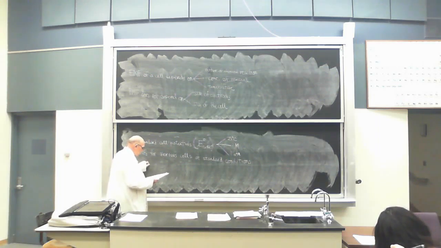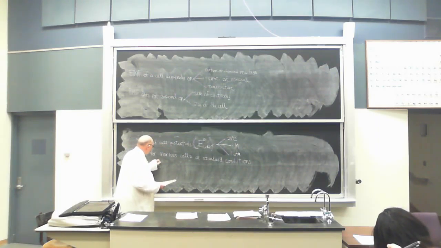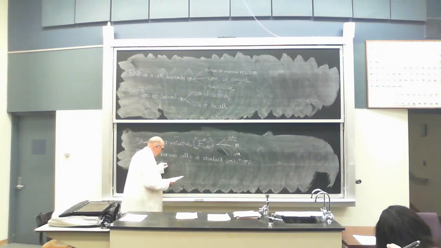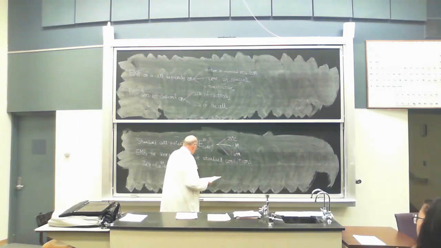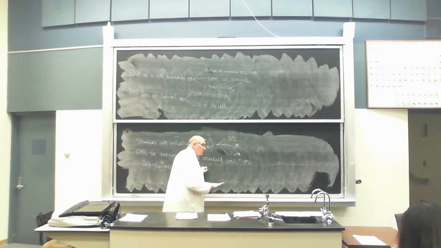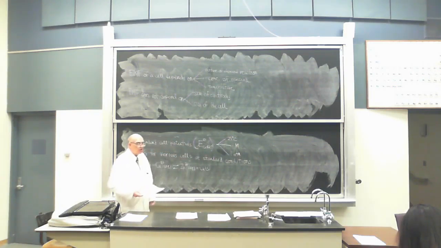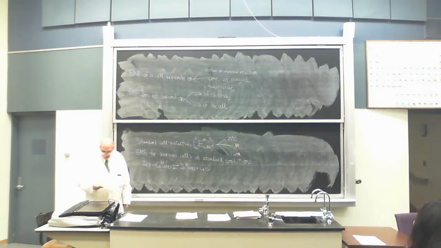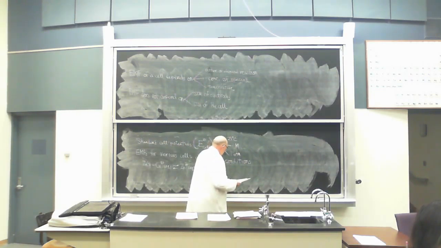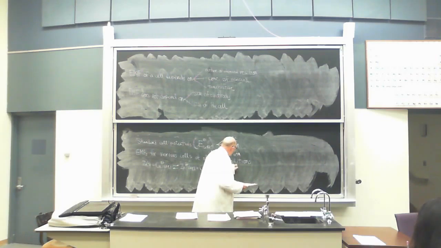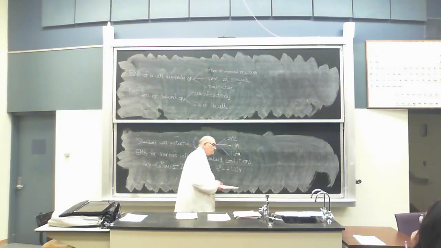If you have zinc plus copper ion to give zinc ion plus copper, that's the one we've used in all of the examples so far. The E0 value is equal to plus 1.1 volts.